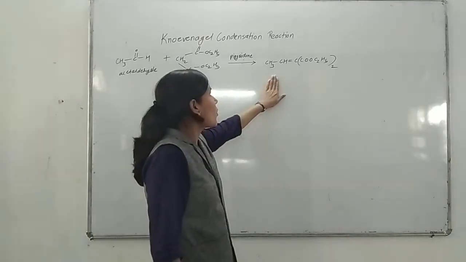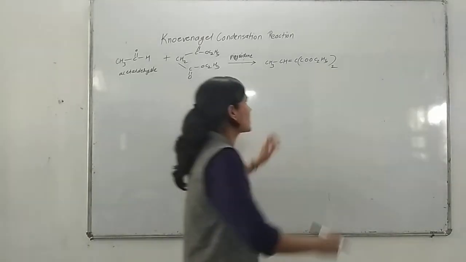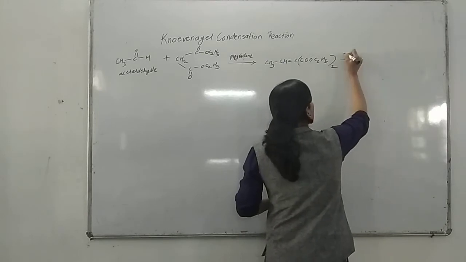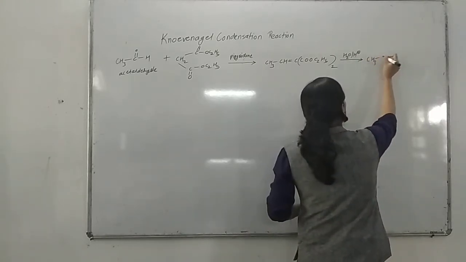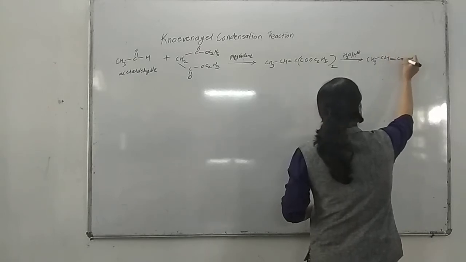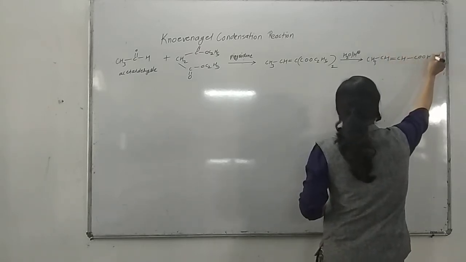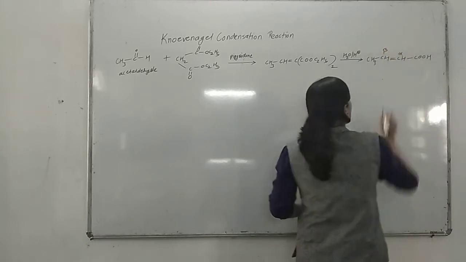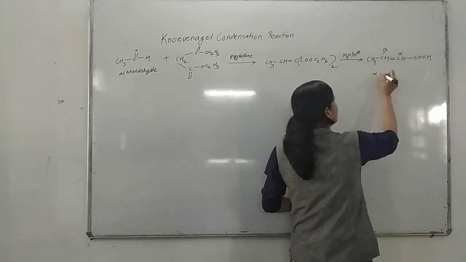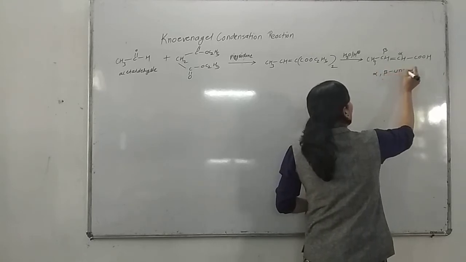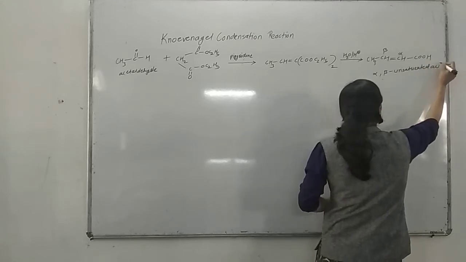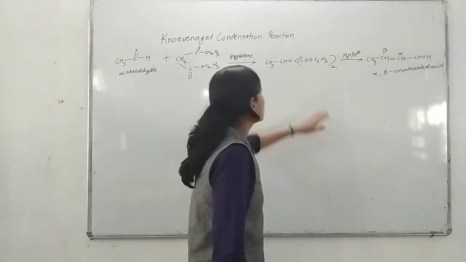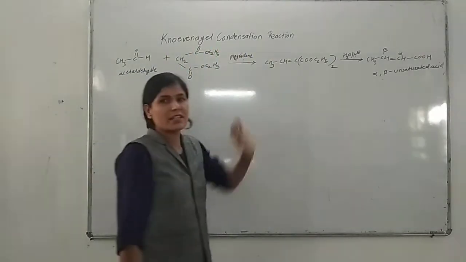Now this alpha beta unsaturated compound on acid hydrolysis gives the alpha beta unsaturated acid, and this reaction is known as the Knoevenagel condensation reaction.